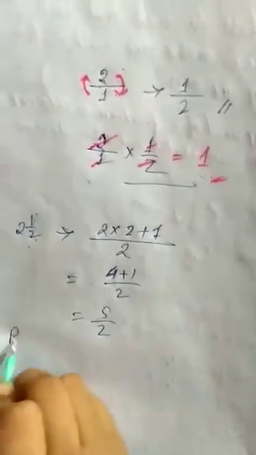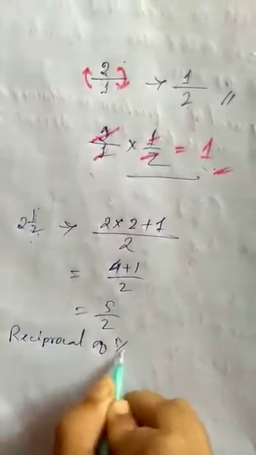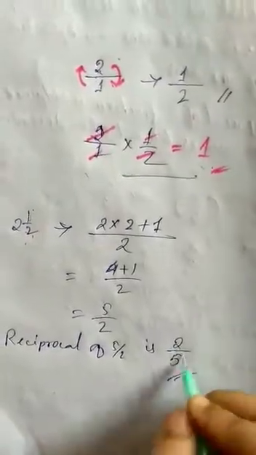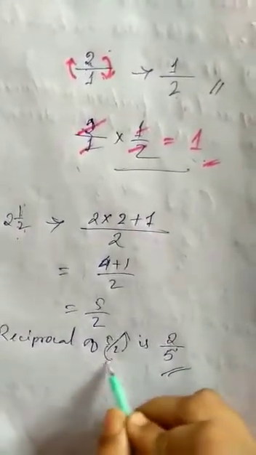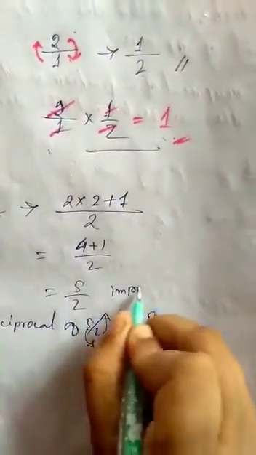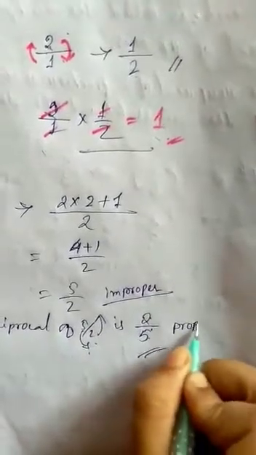And the reciprocal of 5 by 2 will be 2 by 5. We just have to interchange. So 5 by 2 is an improper fraction, and 2 by 5 is a proper fraction.